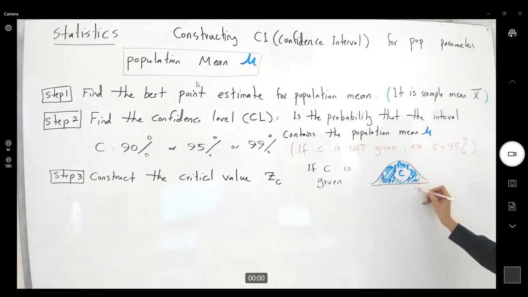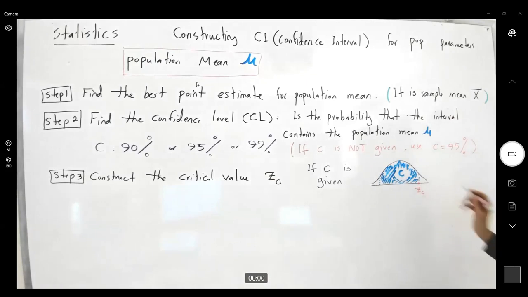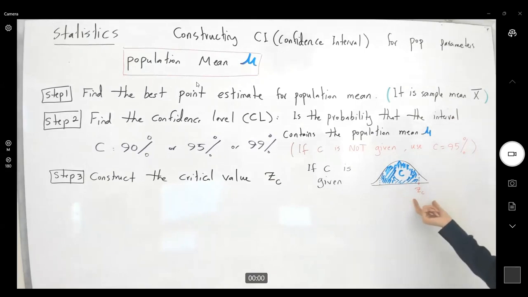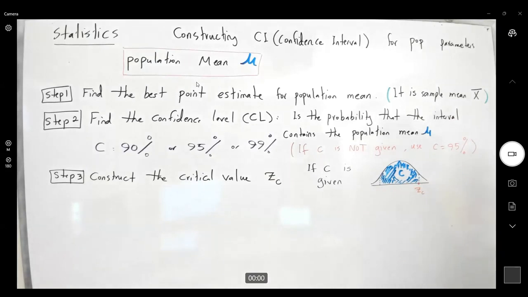How do I find ZC? Going back to chapter 5. So remember that when it comes to ZC, when you have the area to find ZC, you can find these little areas to the left and to the right. But what are those values?